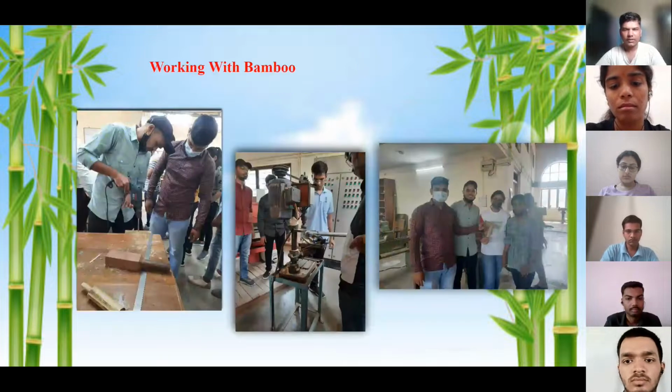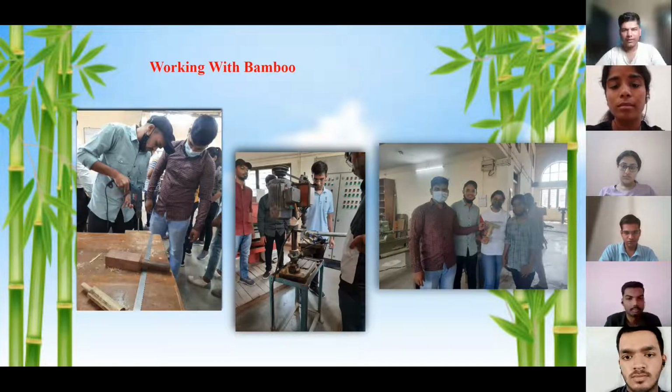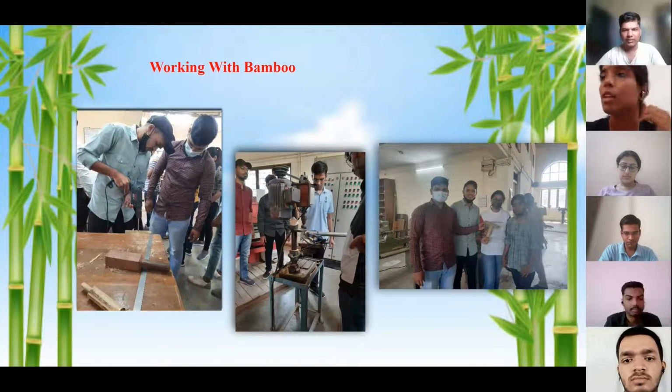These are some pictures we clicked while working on our product made with the bamboo. In the first picture we see the drilling for the joint of the bamboo. Then the second one is making a fish mouth for the joint purpose.